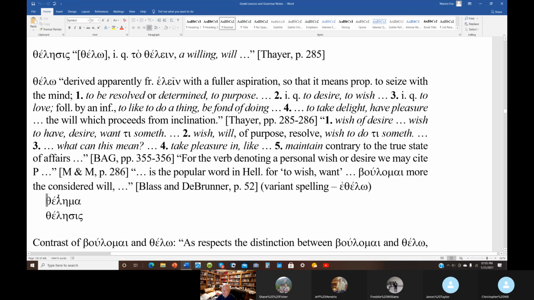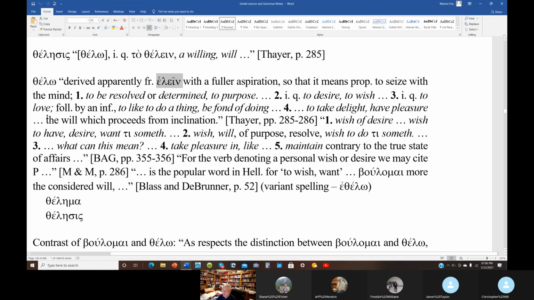Thelo is one of the words for willing something, to wanting it to happen. And so it's a willing or a will. That's the noun form of it, one of the noun forms of it. And it's derived from this word. That's probably where that epsilon comes in some of the variant spellings right there. And it's to be fond of something, okay?